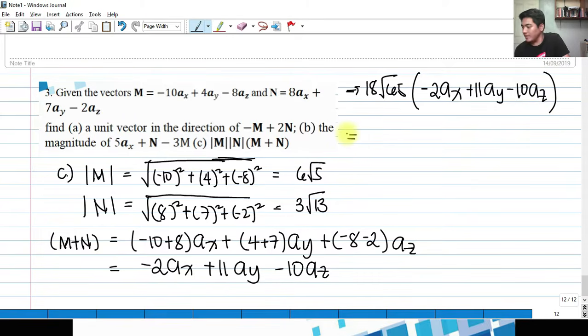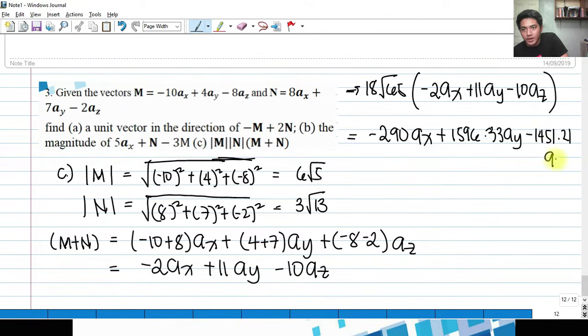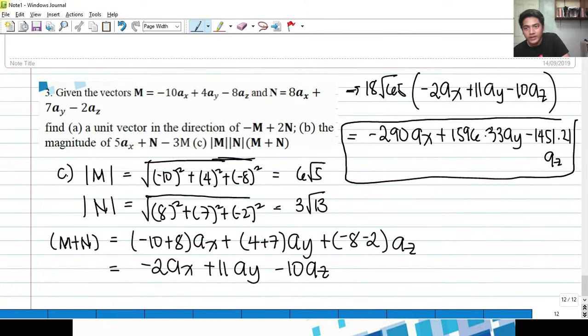If we multiply that, our answer should be negative 290a sub x plus 1596.33 a sub y minus 1451.21 a sub z. So this should be our final answer.